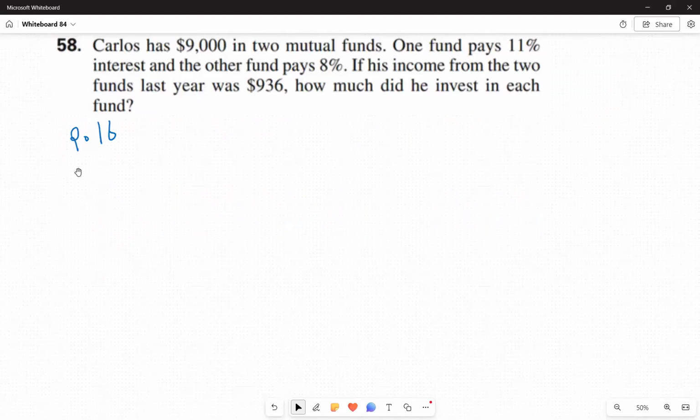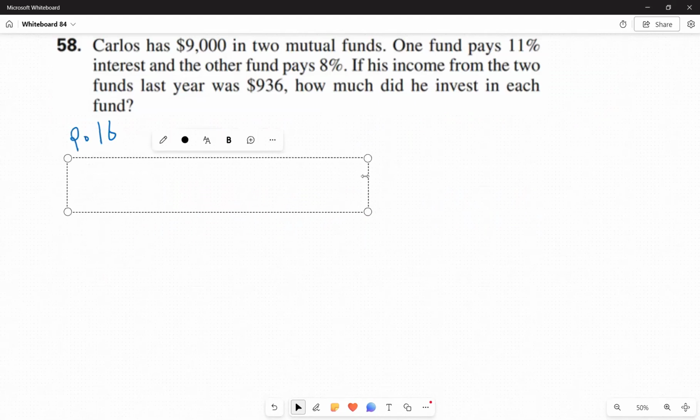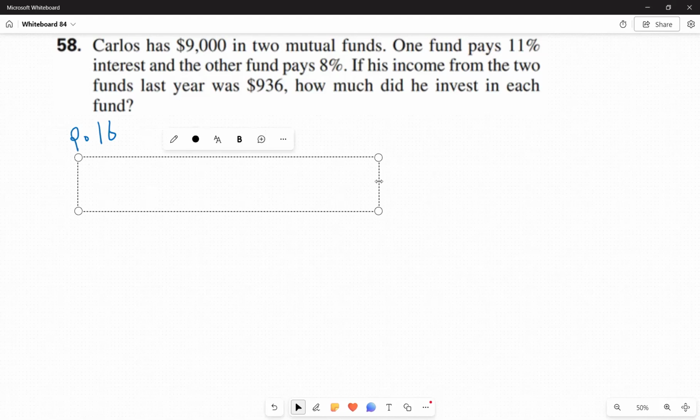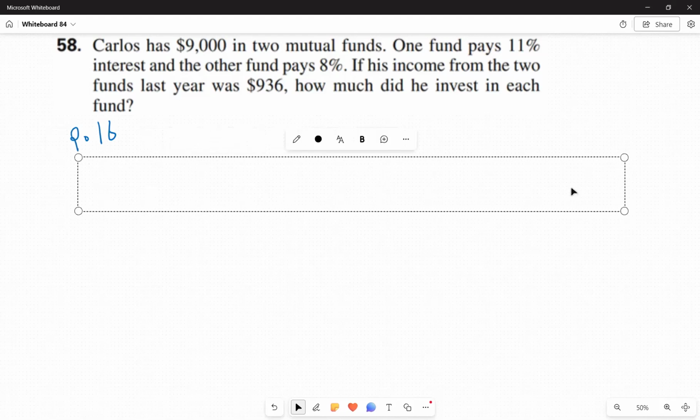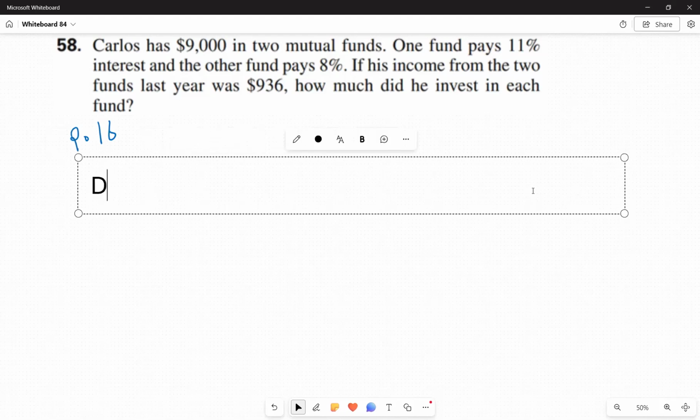Okay, so we are going to divide the deposit, or the principal, into two equal parts. Divide the initial deposit into two parts.